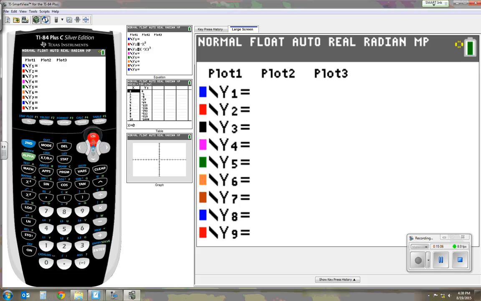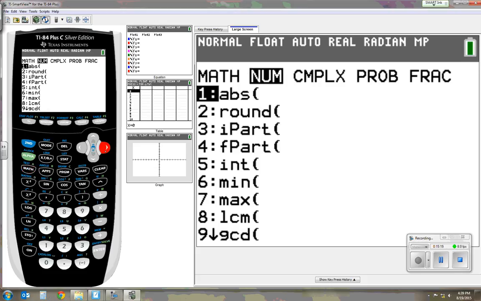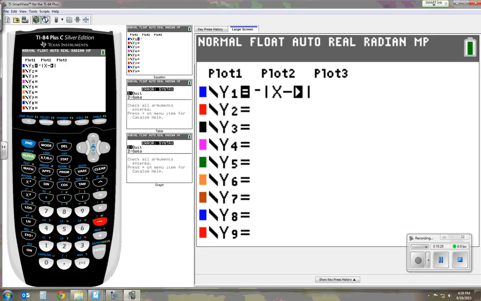All right, so the first thing I'm going to do is I'm going to actually put this into the graphing calculator. So I'm going to say a negative absolute value, and I do x minus 1, and I arrow over, and then I do minus, and I always put parentheses around my 1/2, around my fractions. 1 divided by 2.